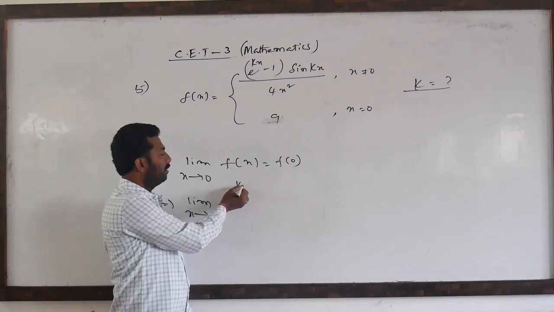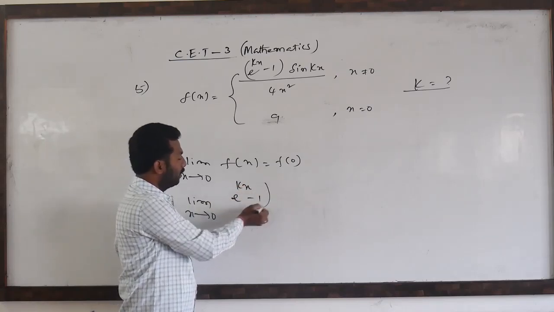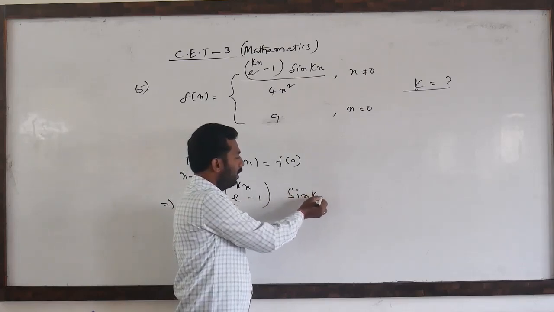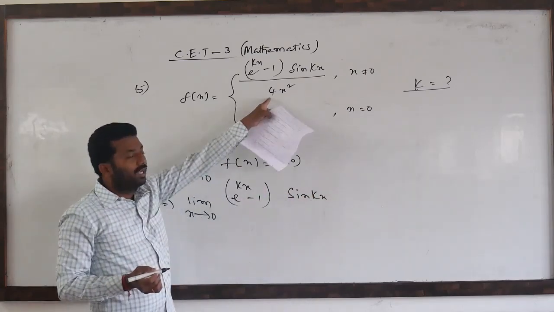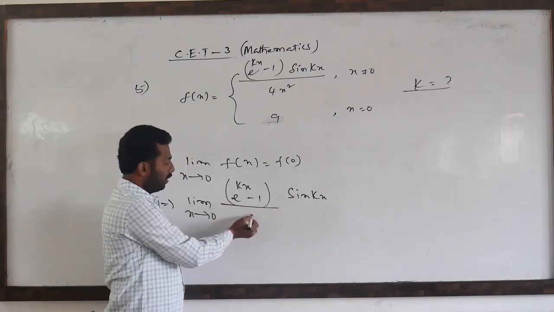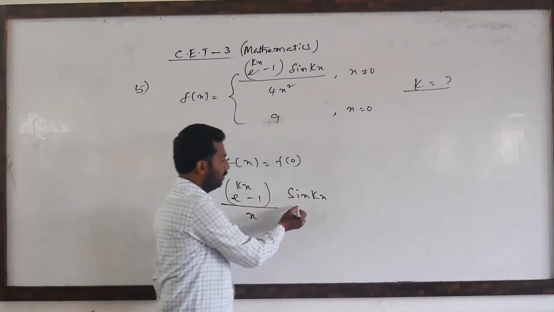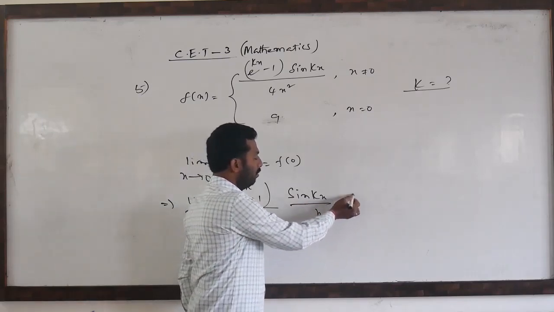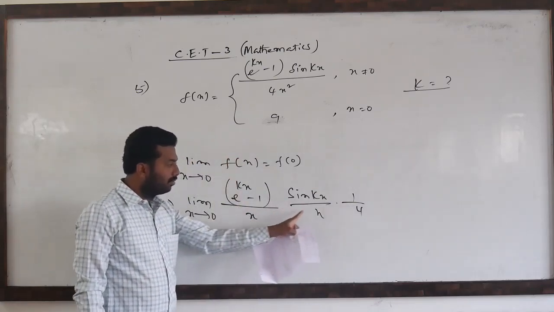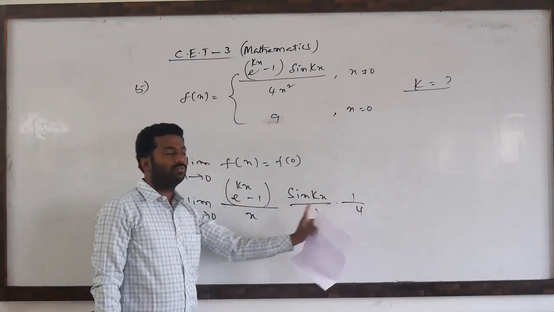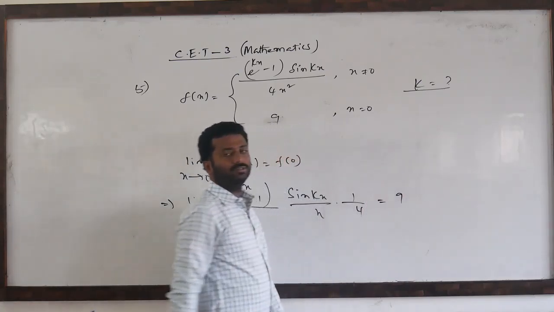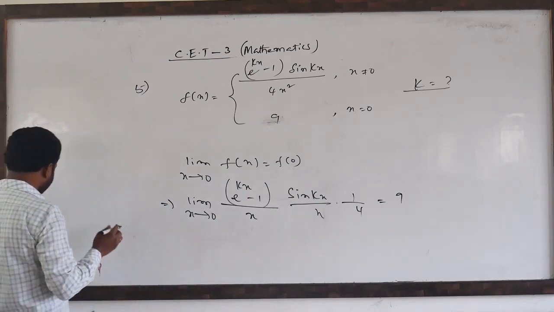E to the power kx minus 1 into sine of kx by 4x square. Here one x I am writing, this is x, this is also x, and 1 by 4 we are writing separately. 4x square is x into x, x square into 4. Equal to f of 0, which is 9. Very clear.